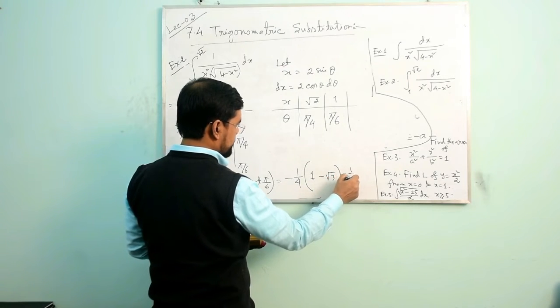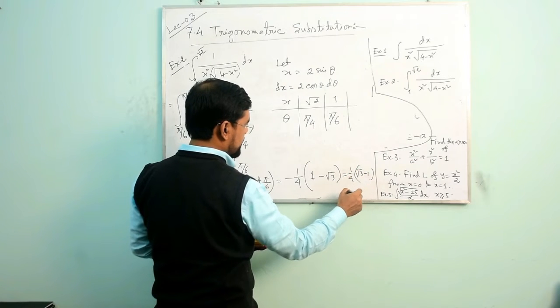So this equal 1 by 4 root 3 minus 1. This is the answer.